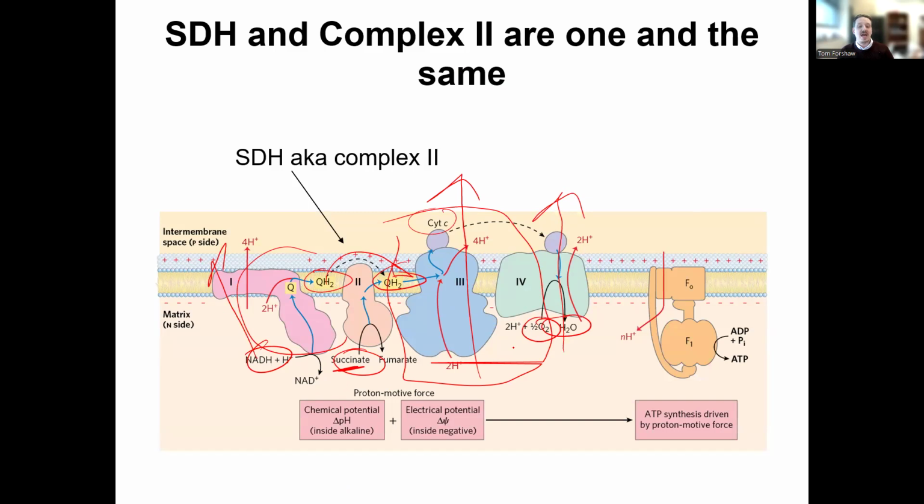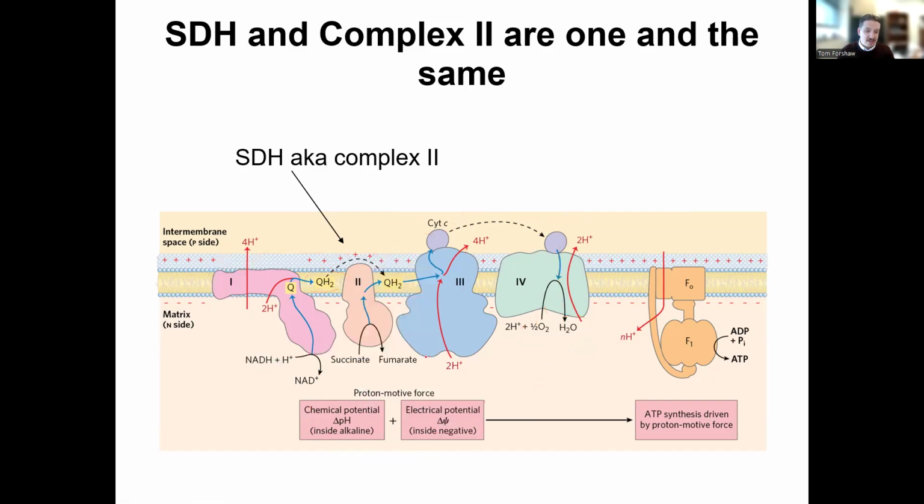You're not going to be tested on that yet, but just to give some context, right here, the TCA cycle joins up here. This is the TCA cycle, and it joins up here. Now step 1, 2, 3, 4.